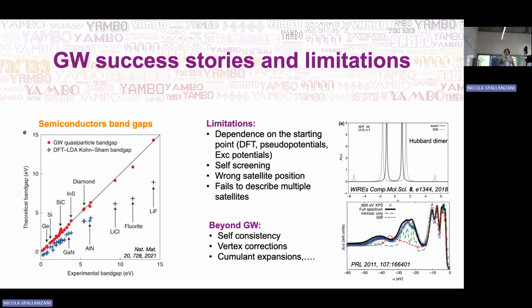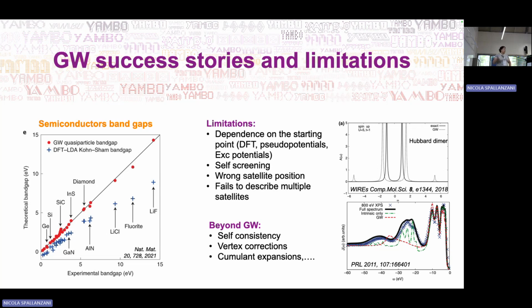Of course, as an approximation, it has limitations. For instance, if we do the calculation as I described before, it depends on the initial state, on our DFT calculation. For instance, if we are using pseudopotentials, it depends on which electrons are considered valence electrons, or which electrons are considered core electrons. It can give different results at the GW level.